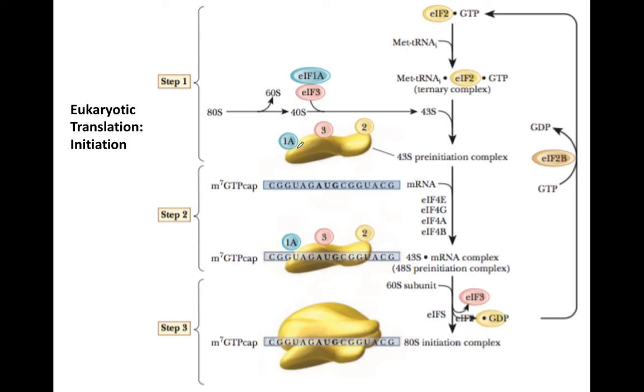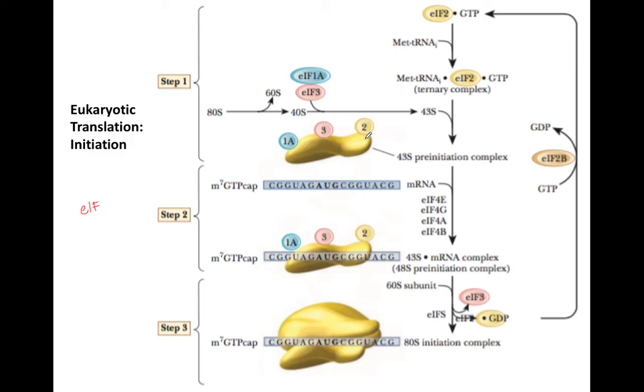So 1A prevents the binding of your 60S subunit, which is the large subunit for eukaryotes, whereas initiation factor 2, or eIF2, is for bringing the initiator tRNA into position. Whenever you see an initiation factor that has an E at the start, that refers to eukaryotic initiation factors.